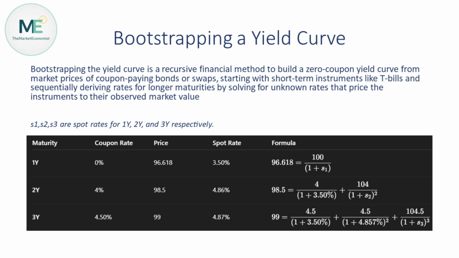Now if we plug in the market price and the coupon that it is going to pay, the yield of the 1 year maturity bond, which is S1, where S is the spot rate, can be calculated. You can simply put this as a formula: 96 is equal to 100 upon 1 plus S1.